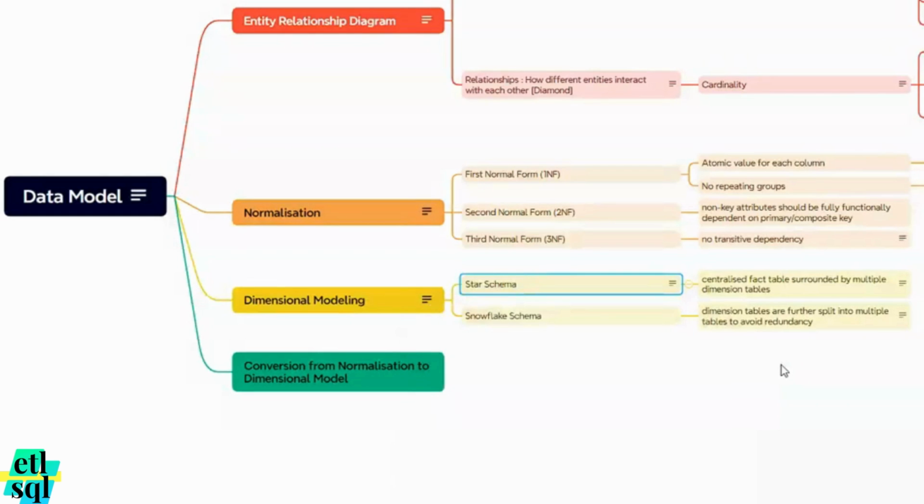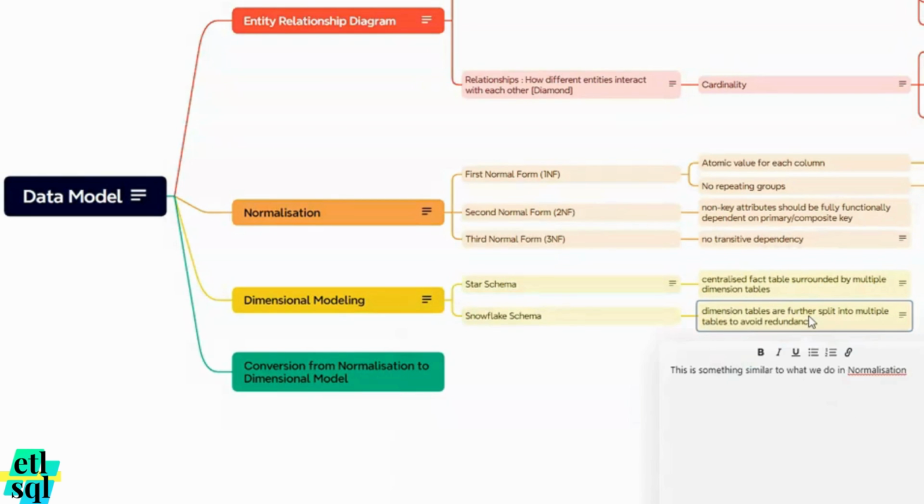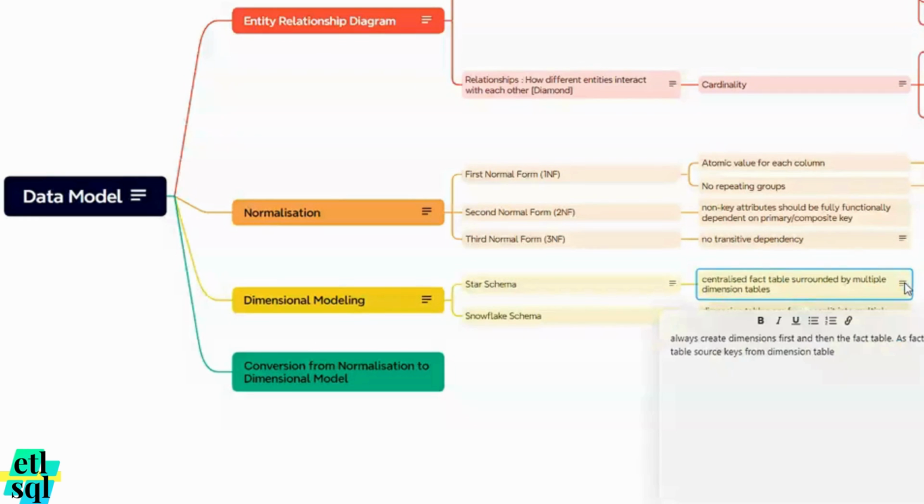And Snowflake Schema is an extension to Star Schema only, where the dimension tables are further split into multiple dimension tables to avoid data redundancy. And it may sound similar to what we do in normalization. So if this part is clear to you, let's go on and do some hands-on.